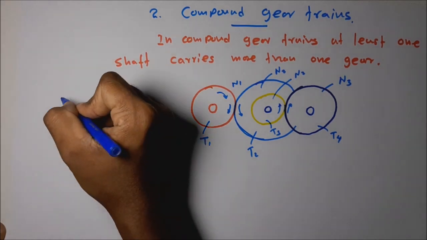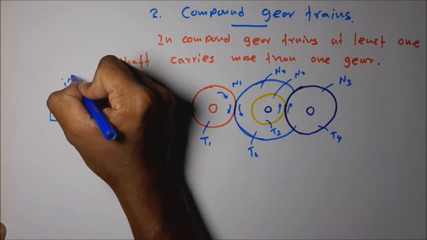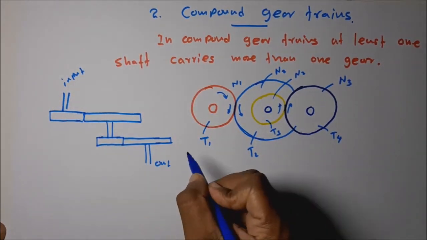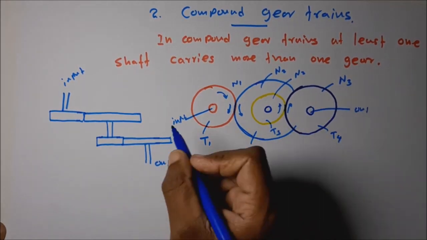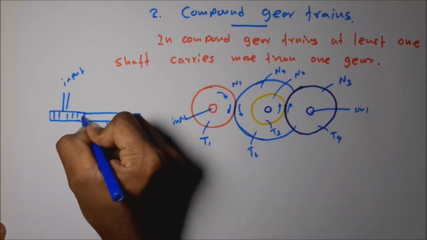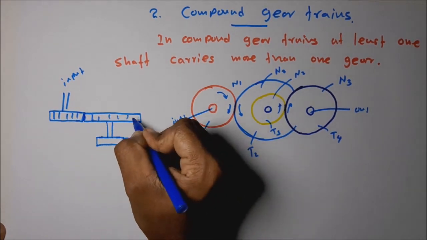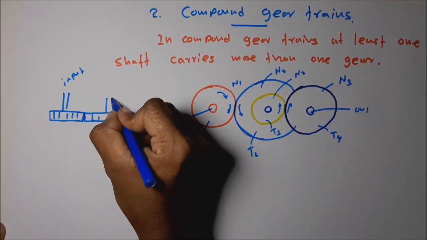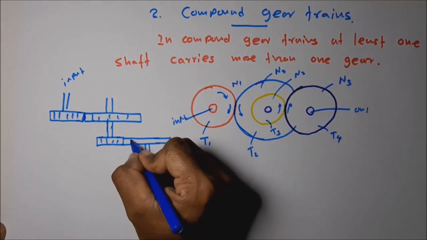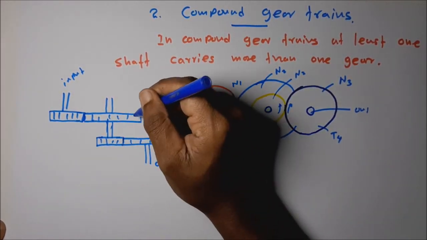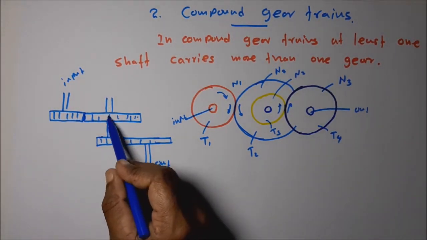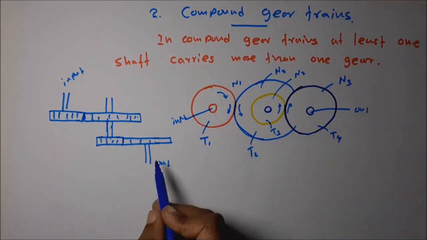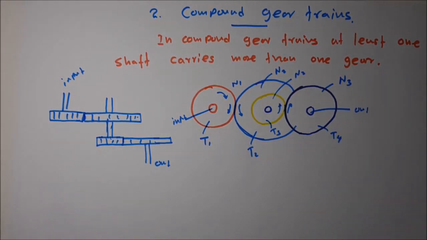This is the input shaft and this is the output shaft. You can see this shaft carries two gears, that's why it becomes a compound gear train. These are called compound gear trains.